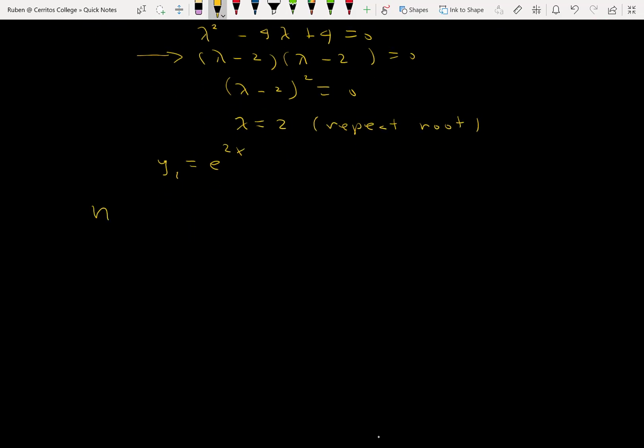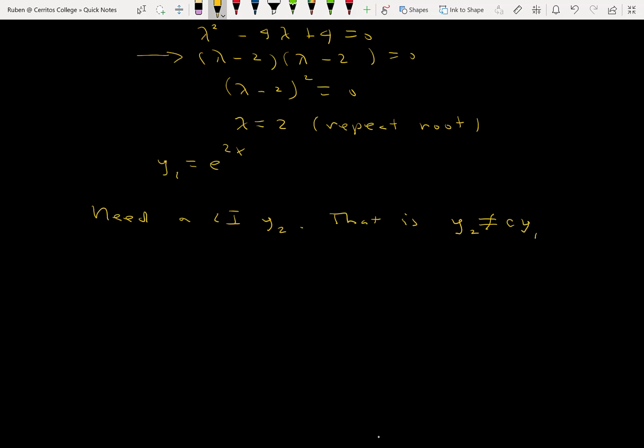So what we need is a linearly independent y2. That is, we need y2 such that y2 and y1 are not proportional. So y2 is not a constant multiple of y1.